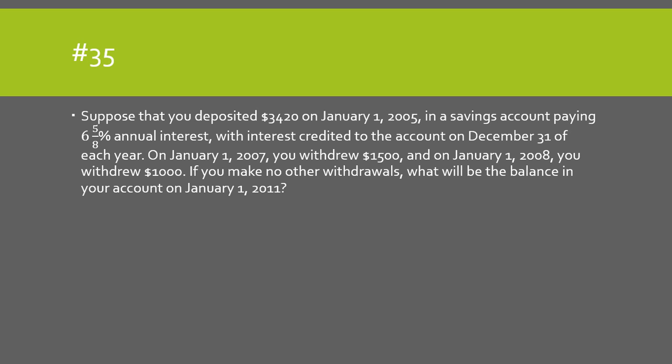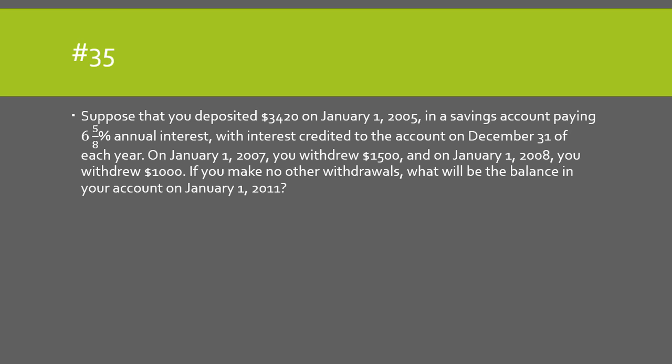So it wants to know in 2011, how much will you have? On January 1st, 2011, how much money will be in the account if your only withdrawals were in 2007 and 2008? Now, what you have to do here is break this problem up into separate problems.